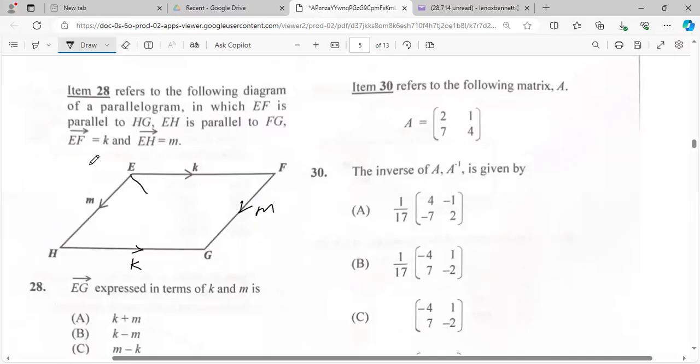Which route am I going to take? I'm going to take this one. So I'm going to go from E to H, and then I'm going to go from H to G. Alright, I'm going with the arrow. So this is positive. So both of them positive. So M plus K or K plus M is the same thing.